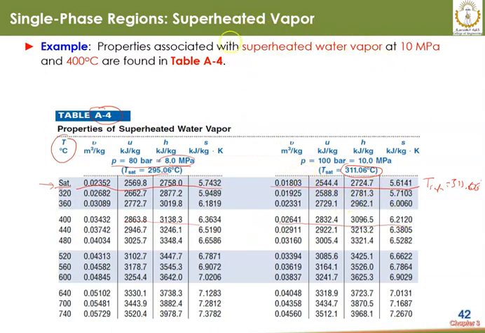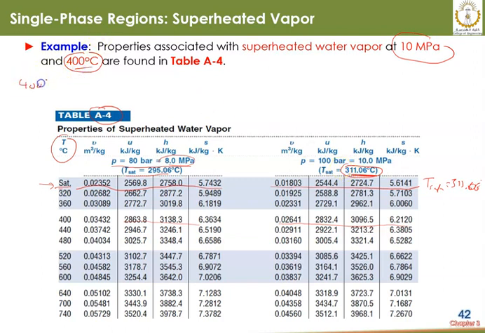So here, for example, we have superheated vapor at 10 megapascal and 400 degrees Celsius. At 10 megapascal, we have the saturation temperature 311, but our temperature is higher than that.